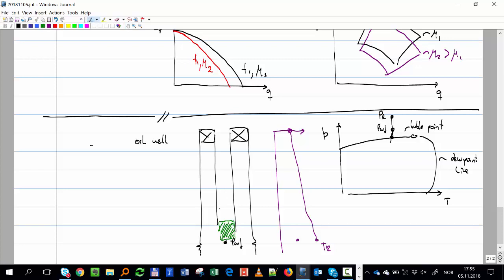I'm going to have mostly liquid, but I'm going to have the first bubbles of gas coming out of solution. If I start coming into the envelope, then more and more gas will come out of solution.